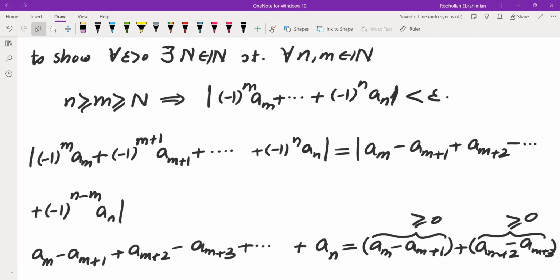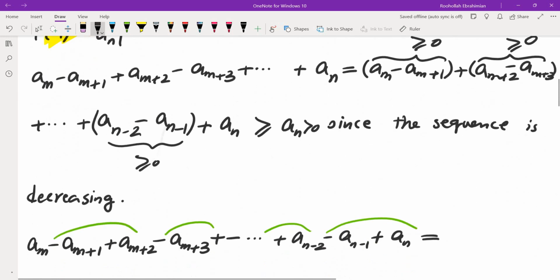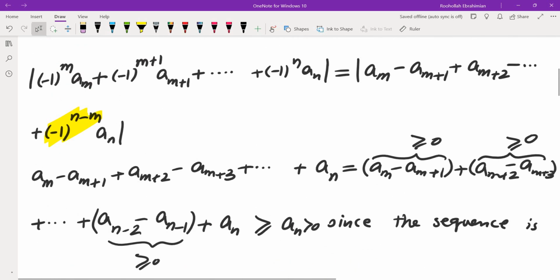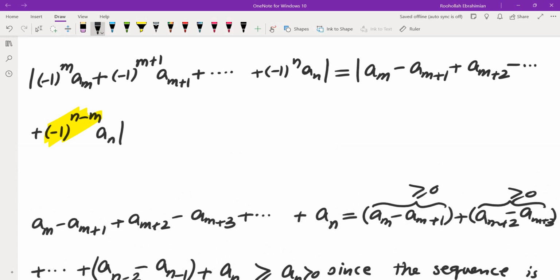The first case is if the last term here is positive, so (-1)^(n-m) is positive. Let me be more specific about which case I'm looking at: the case when n minus m is even.